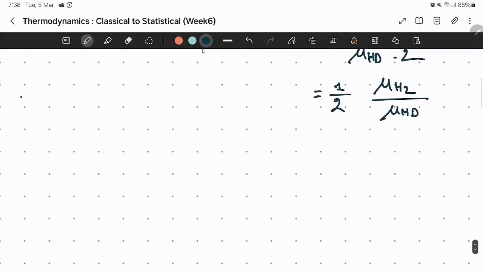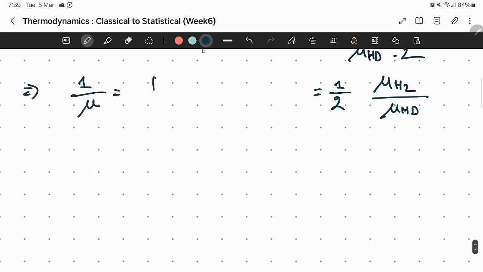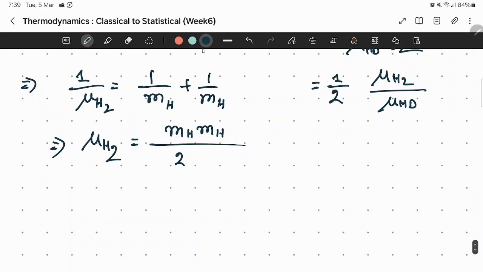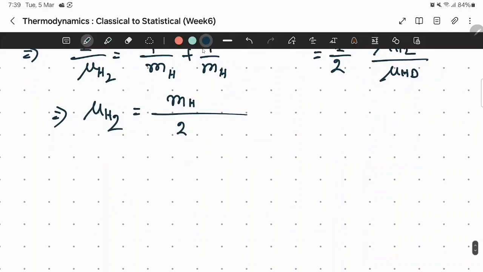So what will be mu H2 by mu HD? The formula of mu: 1 by mu is essentially 1 by m1 plus 1 by m2. So for H2 it will be H, H. So mu H2 is essentially MH divided by 2.